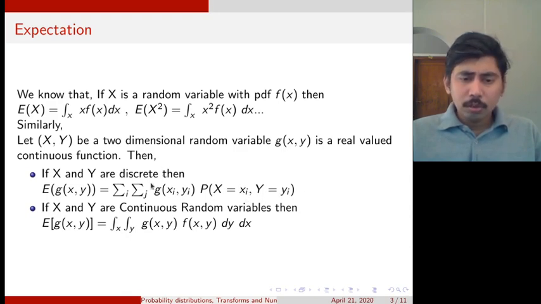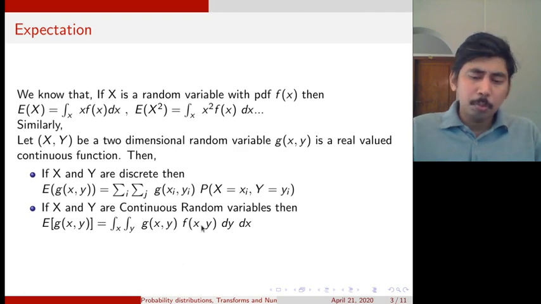That is, the function should be multiplied with the corresponding probabilities and summed. Okay. In case of continuous random variables, expectation of g of x, y equals integral over x, integral over y, and the very same formula applies. That is, the function should be multiplied with the corresponding probability density.